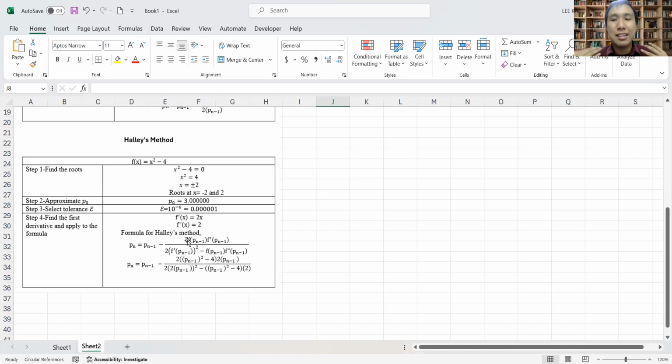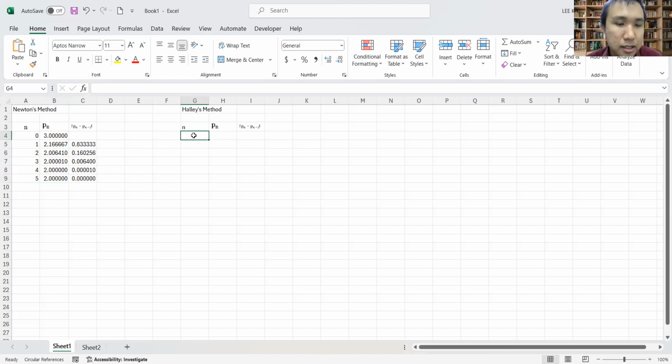So we need to find the second derivative for Halley's method, and we get the second derivative to be 2. And then we substitute everything into the Halley's method equation, and we will get this equation here.